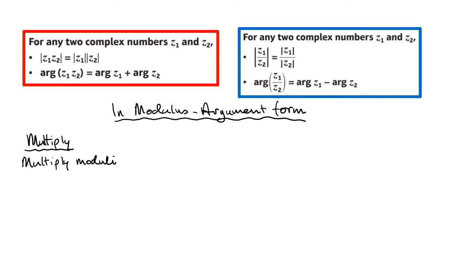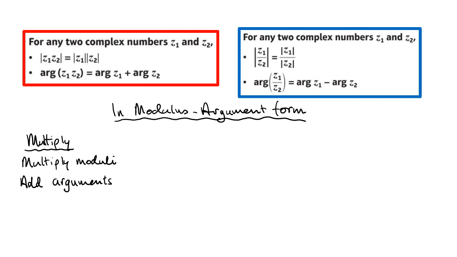So you take the modulus of each number and you multiply them together. And then we add the arguments, the two arguments of the two complex numbers. Let me just do an example.